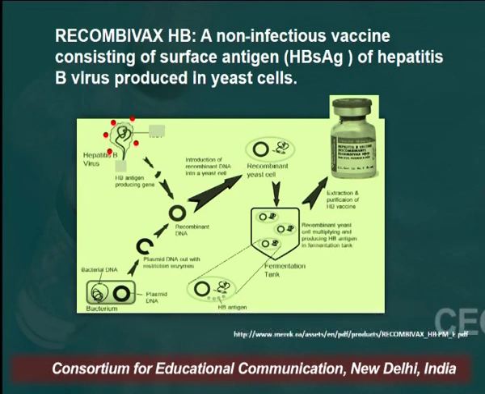It is cloned into a system where it can be expressed. Over here, we see the plasmid being restriction digested with a particular restriction enzyme, and the part of the gene producing the surface antigen of the hepatitis B virus is isolated. Both of them are ligated to form a recombinant DNA.